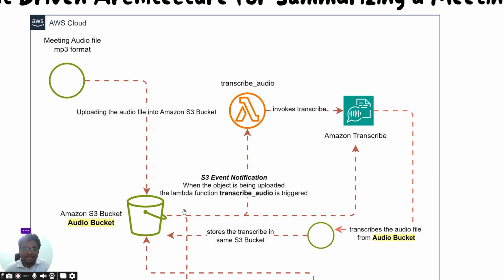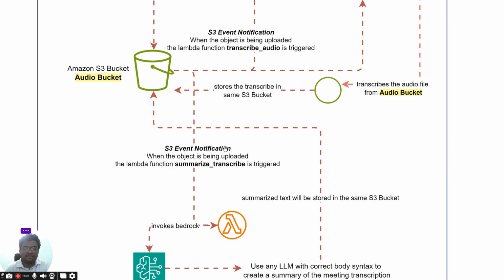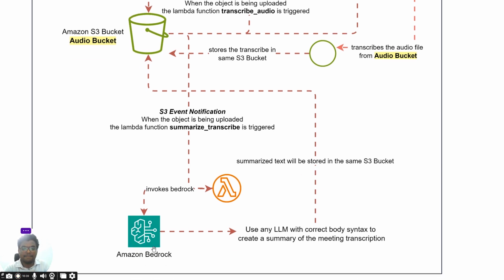So now we have another S3 event notification on the same S3 bucket, which says that when the transcription file from Amazon Transcribe is pushed into Amazon S3, another Lambda function should get called. This Lambda function will summarize the transcription with the help of Amazon Bedrock, calling Meta's Llama 3 to summarize it.